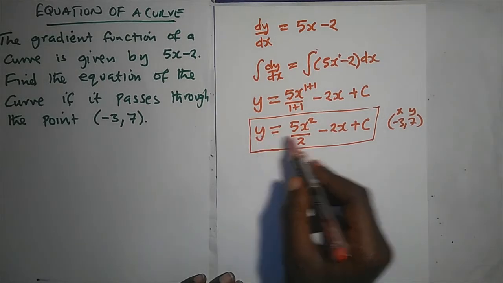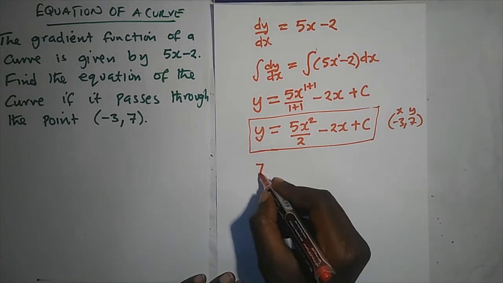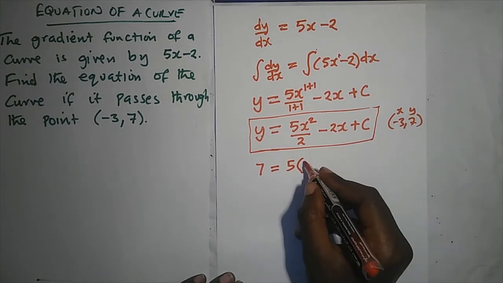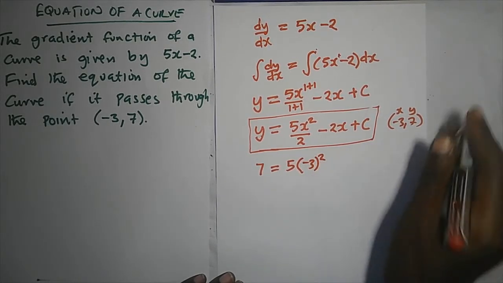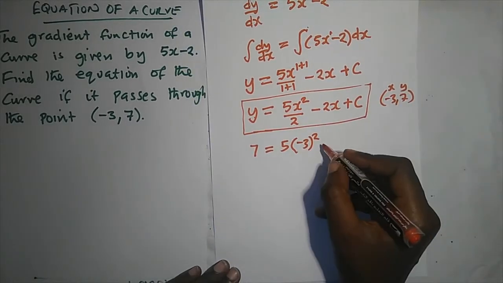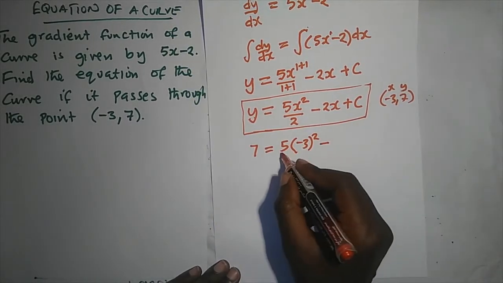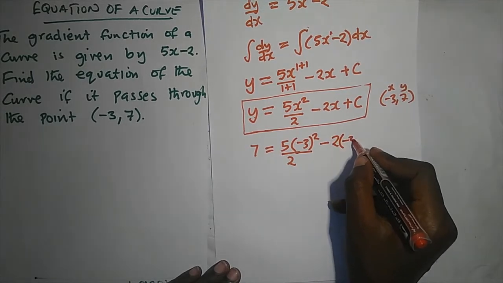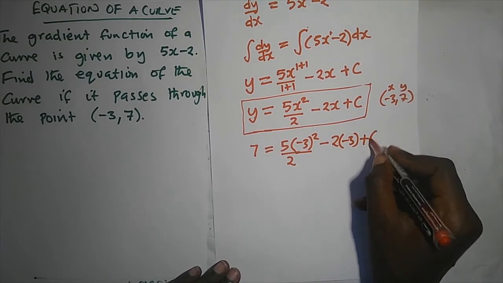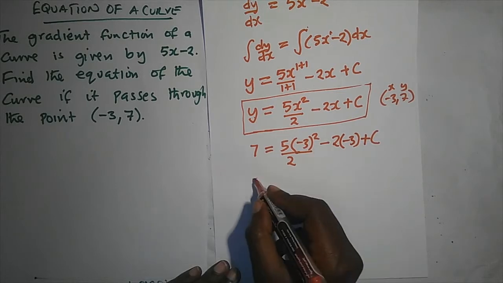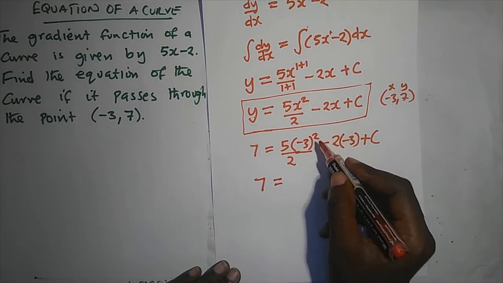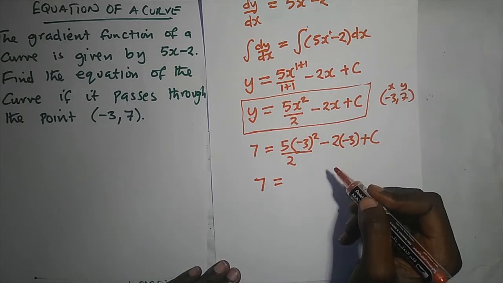So where there is y, we put 7. So 7 is equal to 5, where there is x we put -3 squared, over 2, minus 2 times -3, plus c. Then you square: -3 squared is -3 times -3, which is 9.